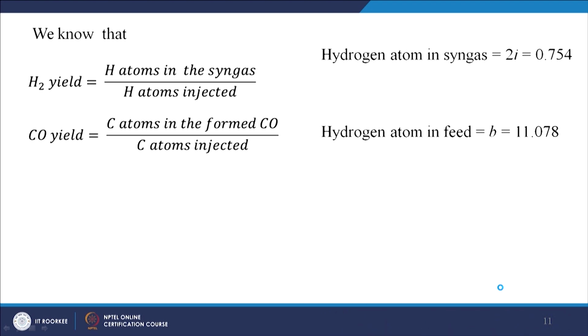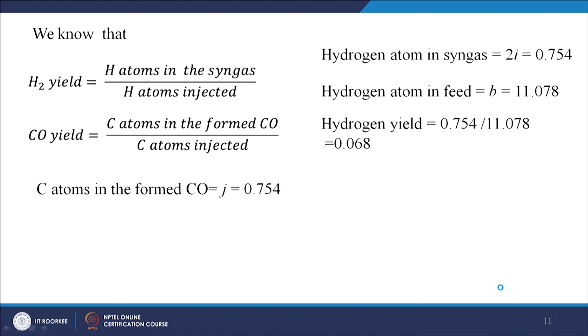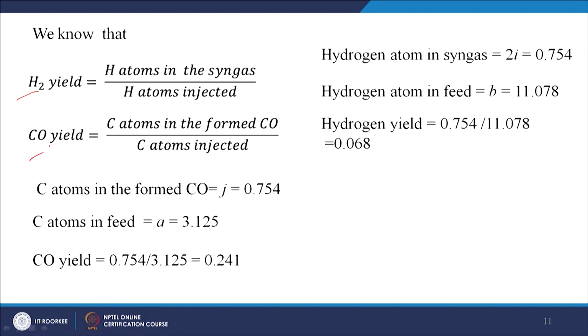Then the third part we have to solve, that is the hydrogen yield and carbon monoxide yield. So, what is the definition of hydrogen yield? Hydrogen yield, we know, is the amount of hydrogen atoms in the syngas divided by hydrogen atoms injected in the feed. Carbon monoxide yield is equal to carbon atoms in the formed CO divided by carbon atoms injected.